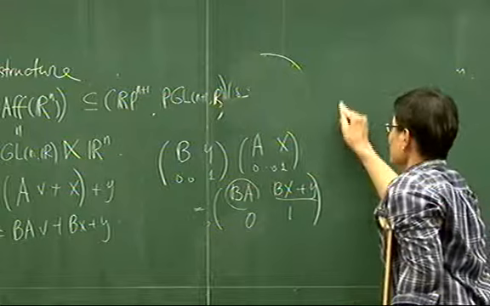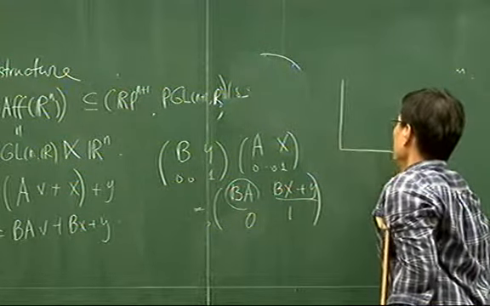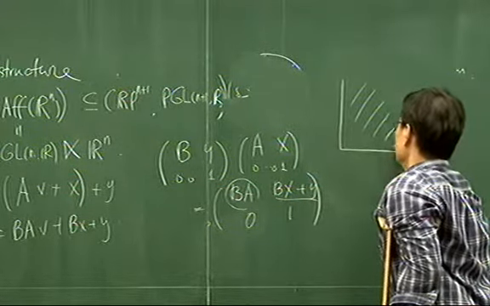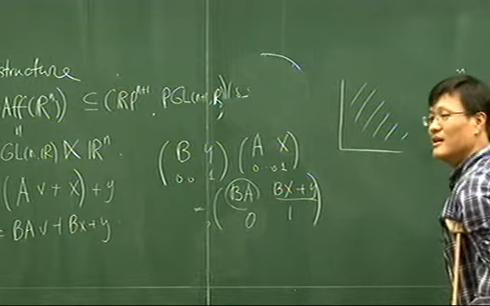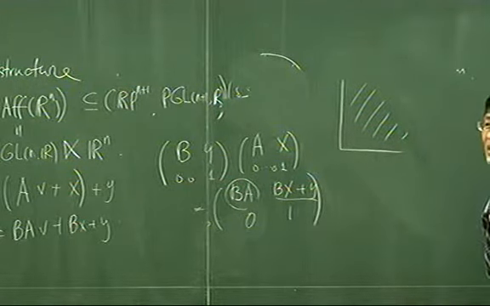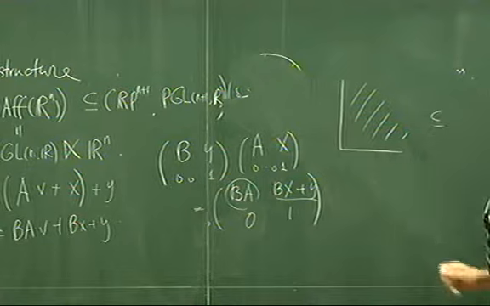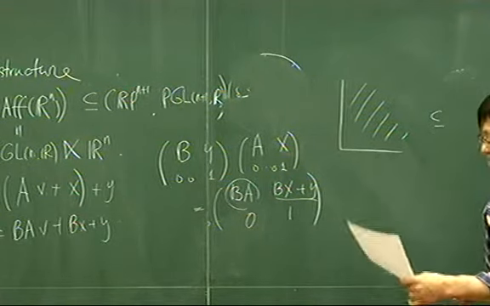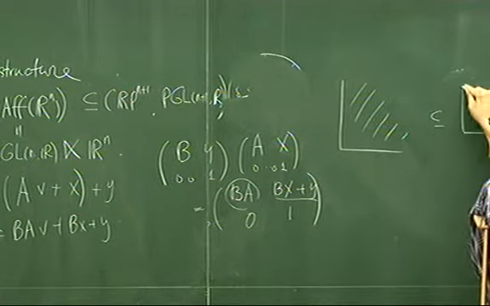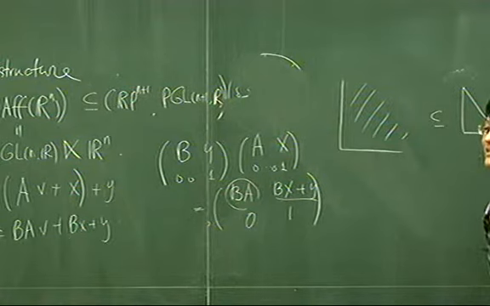So for example, if you see an affine domain like this, you can view this affine domain in projective space like a triangle.